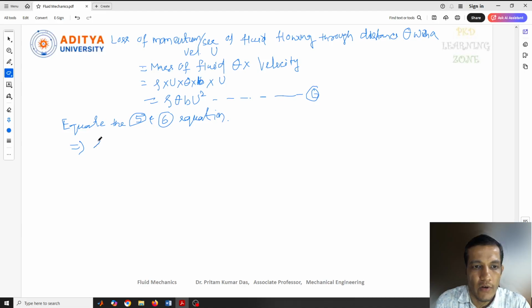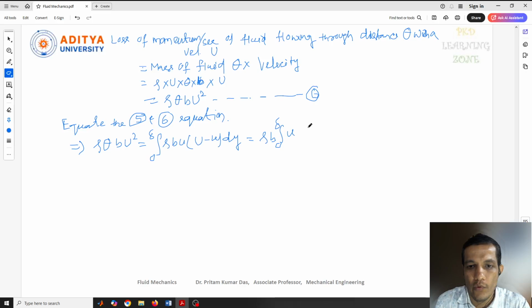So what is the equation we got here? Rho theta B into U square equals the integration from 0 to delta, with some constants outside, rho B U into capital U minus small u into dy. Again we can write this as rho B, integration 0 to delta, u into capital U minus small u dy. The rho B is a constant term, which is why we took it outside, and we need to consider that the fluid is incompressible, so the density is constant.